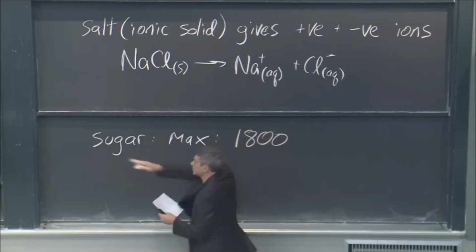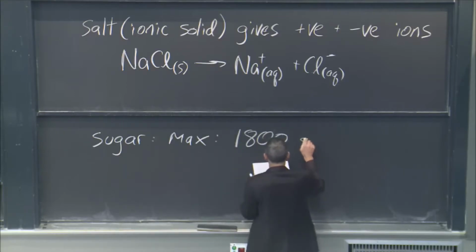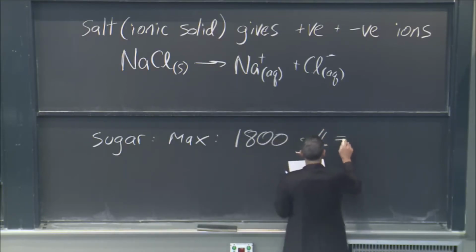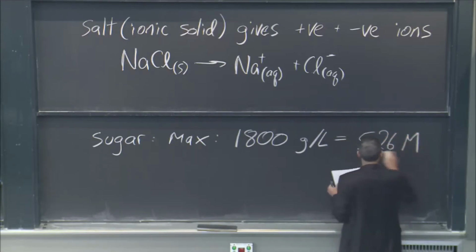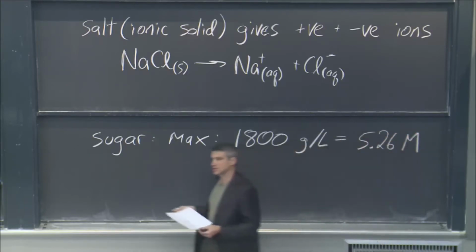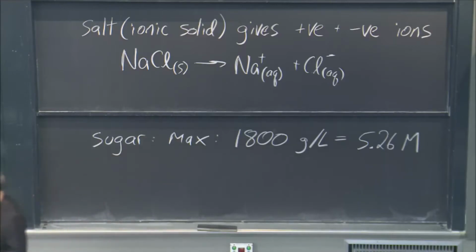I'm going to do both those units. If you convert that, it's 5.26 moles per liter. That's how much sugar you can dissolve in water. By the way, I did a quick calculation, and that's 429 teaspoons.